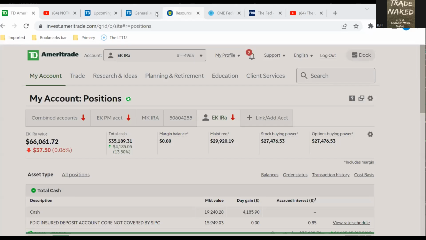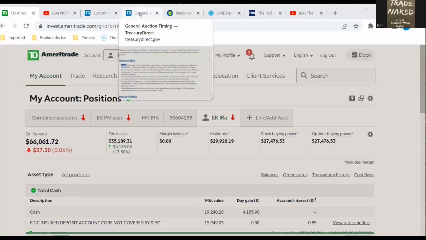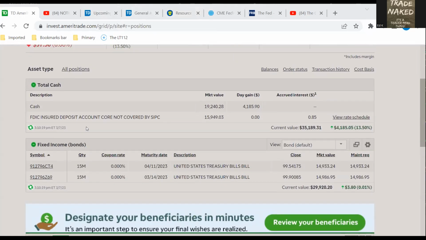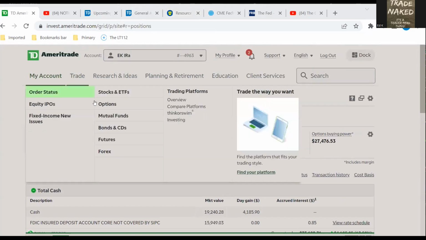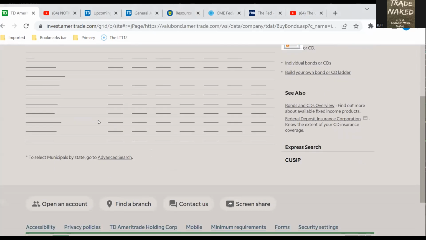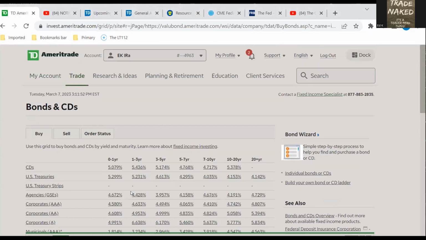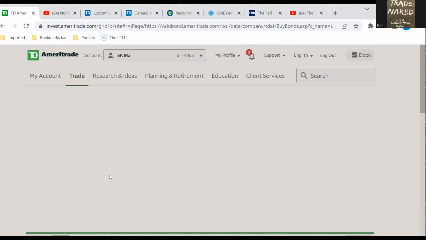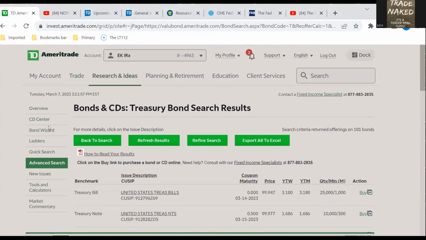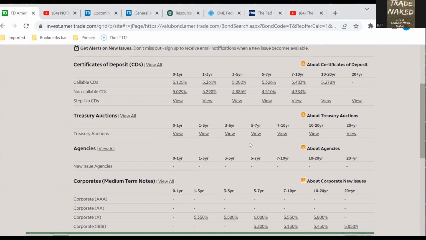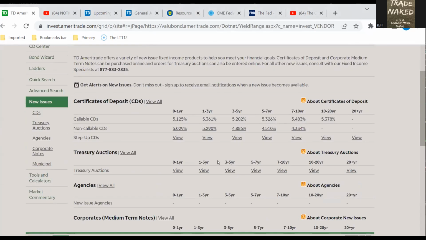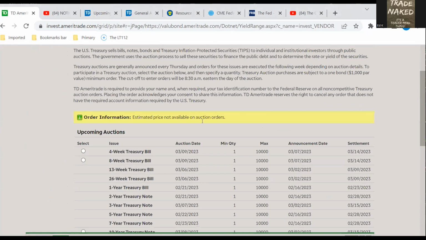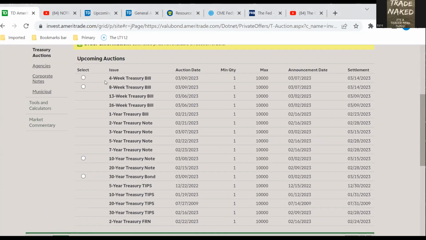Okay, so back here, when we went into the trade, bonds and CDs, treasuries, 0 to 1 year. And again, we'll have the recording. I know I'm flying right through all this. Go to new issues. The recording will be up. You can kind of pause it as you go through. Okay, so we're back here to where you enter the order.